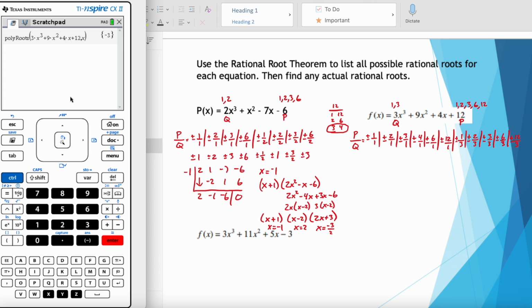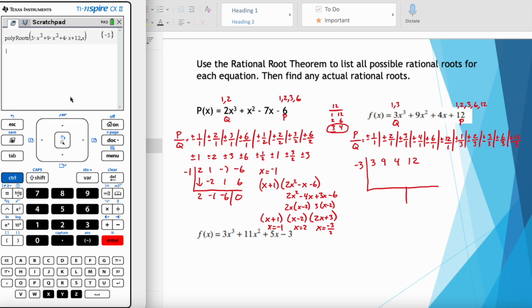We can still perform our first step, which is to do the synthetic division using negative 3. So we do negative 3 on the outside, and do the synthetic division for 3, 9, 4, and 12.